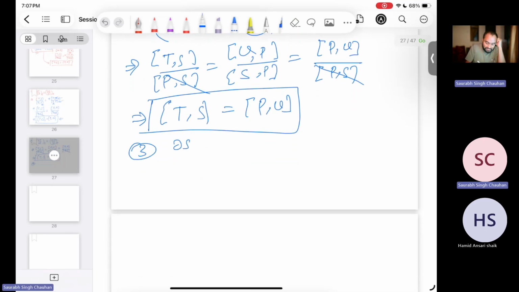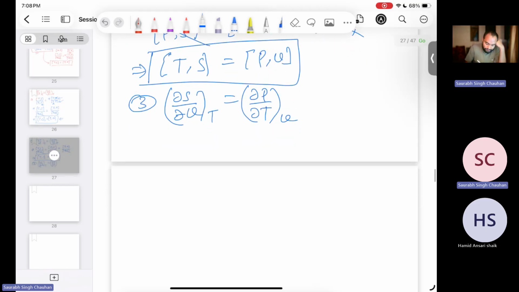The third one was entropy. Del S by del V at constant T is equal to del P by del T at constant V, the partial of pressure with respect to temperature at constant V. So S by V, and T will be repeated, P by T, and V will be repeated.